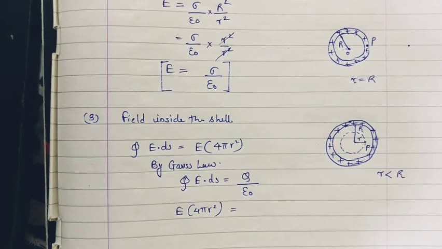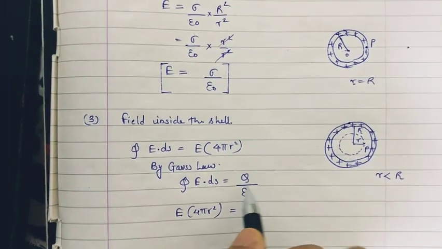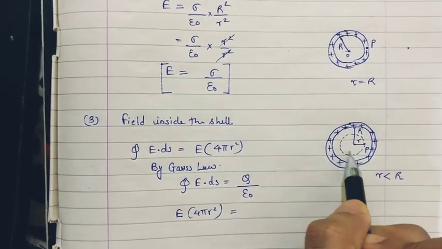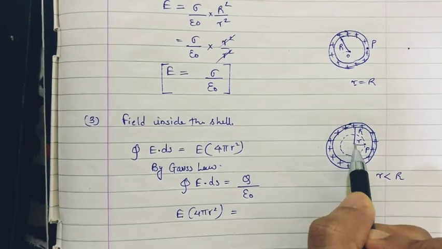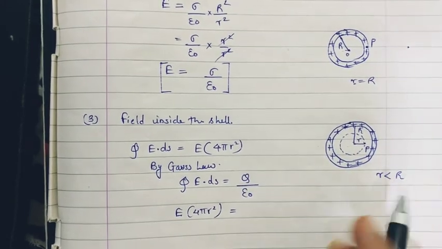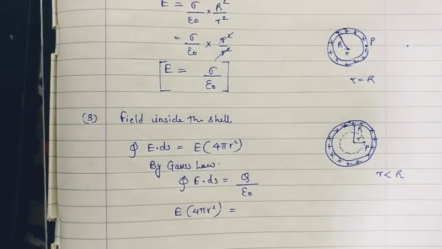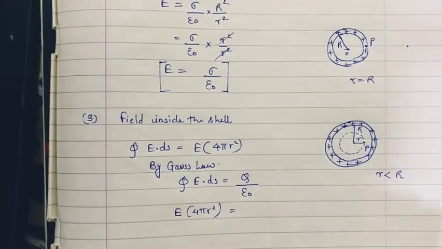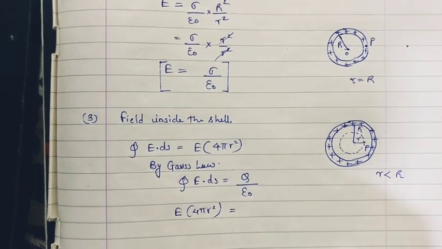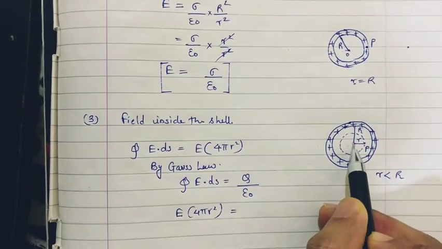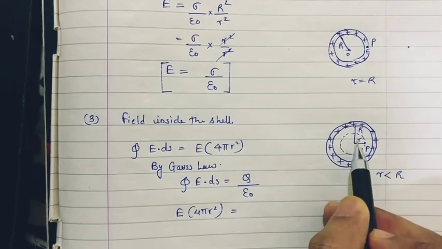But what is the total charge enclosed inside the Gaussian surface? Is there any charge present inside the Gaussian surface? No. The total charge is present outside the Gaussian surface, which will not be counted. The only charge which is counted is the charge present inside the Gaussian surface, but there is no charge inside it.